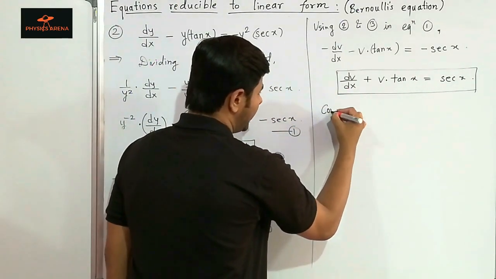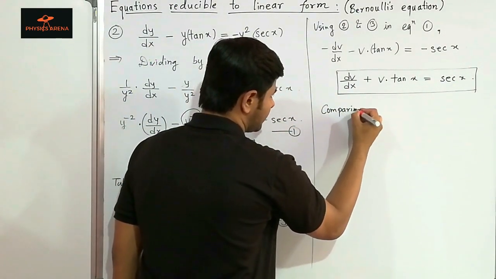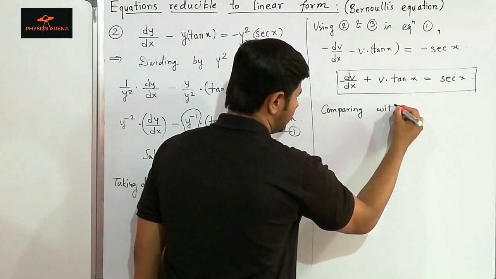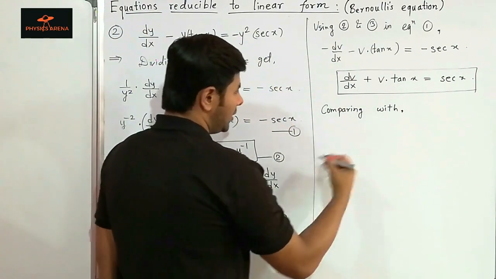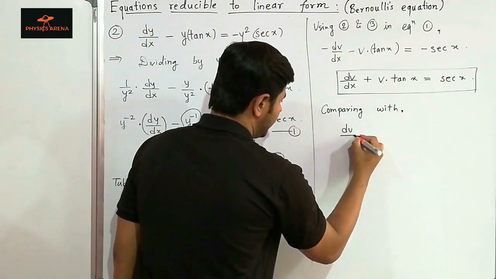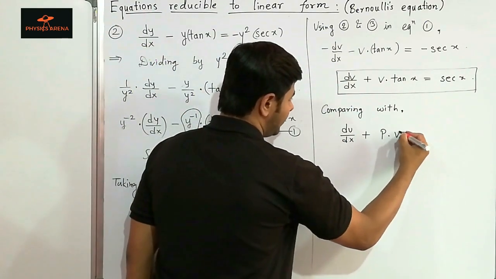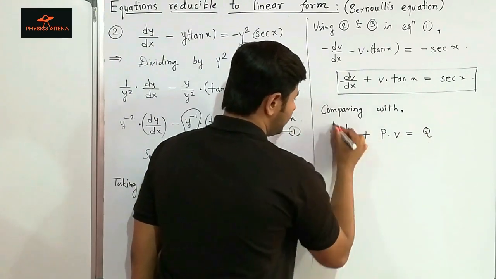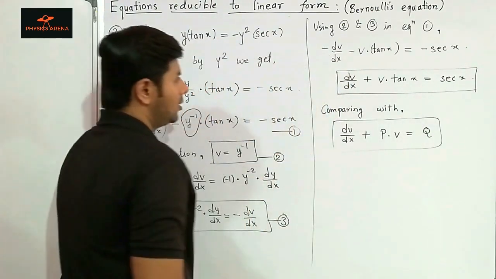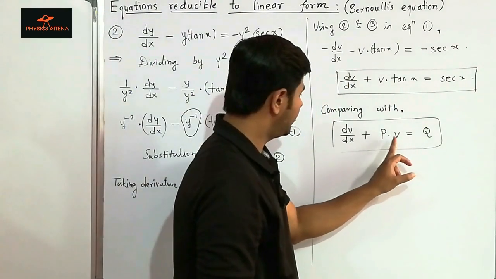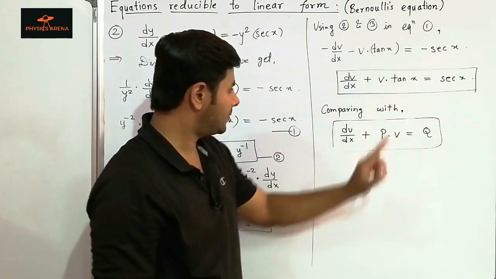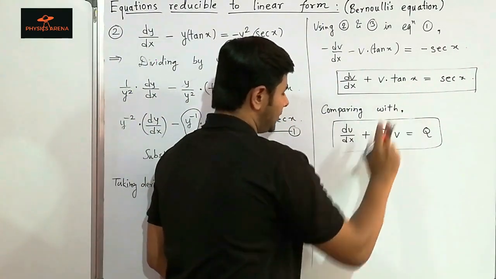So comparing with the linear differential equation, which is dv by dx plus p times v equals to q, we get p equals to tan x, okay, from this and this term.